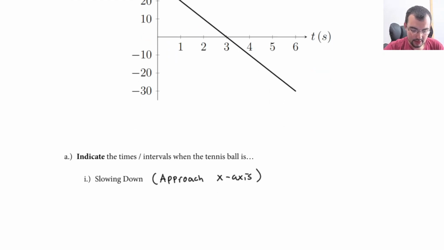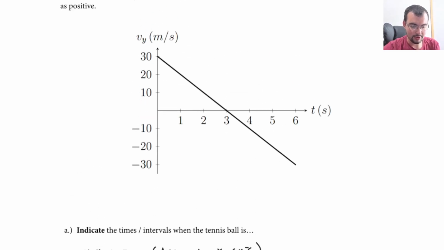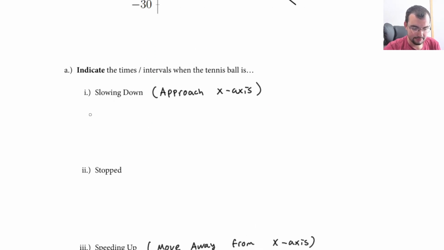Or just look at the numbers, right? If the numbers are getting bigger in absolute value, you speed up. If they're getting smaller, you slow down. Slowing down, notice the numbers on the graph are getting smaller on 0 to 3.